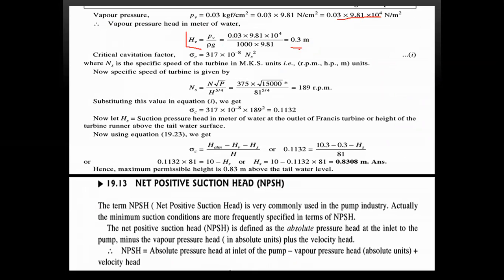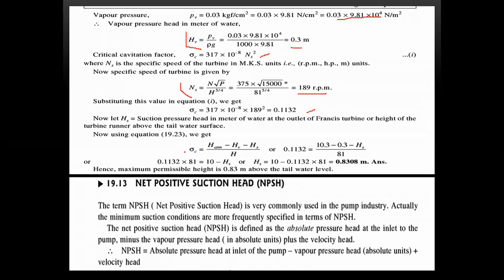Then the cavitation factor is equal to the already shared value. Now what you have to do? Substitute that. Therefore, NS is equal to n into root P by H to the power of 5 by 4. Substituting the values here, you are getting NS is equal to 189. This is also given that sigma C is equal to NS.